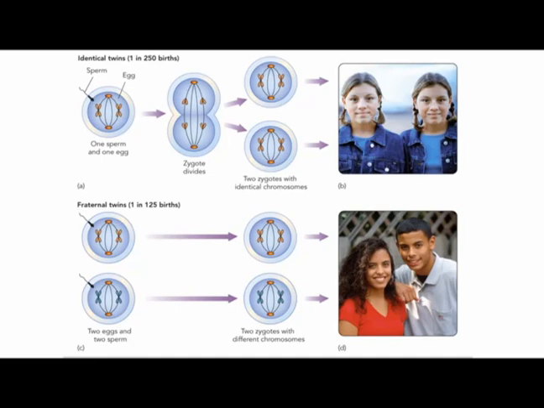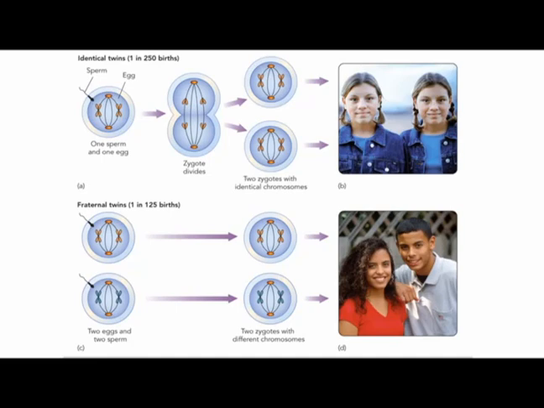There's a little bit of a caveat here where through mutations and as we're aging and things like that, there can be small differences between identical twins. But again, for the sake of this class, they are going to be effectively identical with 100% shared genetics.